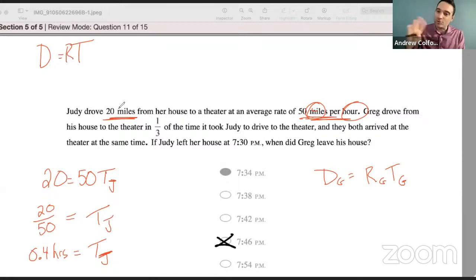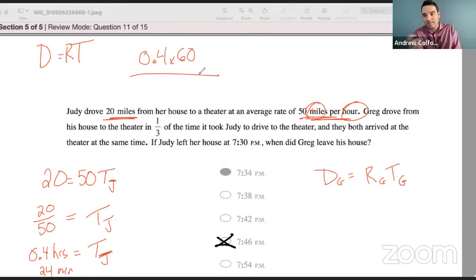I interned at a law firm one time, and in law firms, it's all about billable hours, right? You had to keep close track of your time, and they did it in tenths of an hour. So the little hack is every tenth of an hour, every 0.1 hour, is 6 minutes. So 0.4 hours is 24 minutes. So Judy's time is 0.4 hours or 24 minutes. The other way I could get that, of course, would be to multiply 0.4 times 60 minutes in 1 hour.